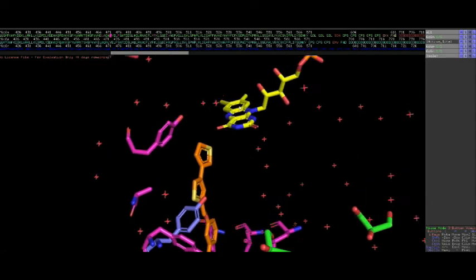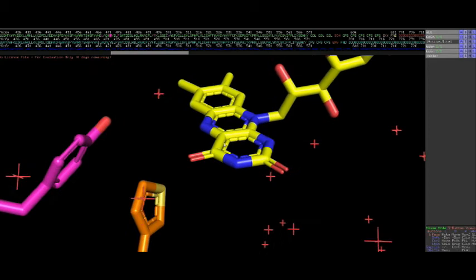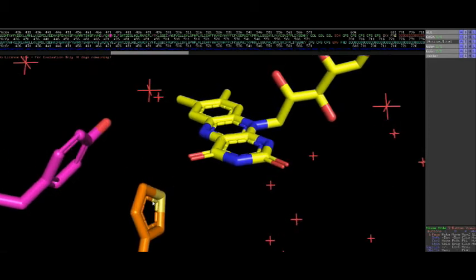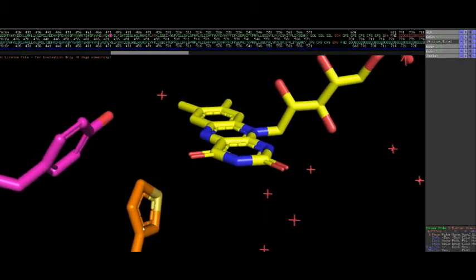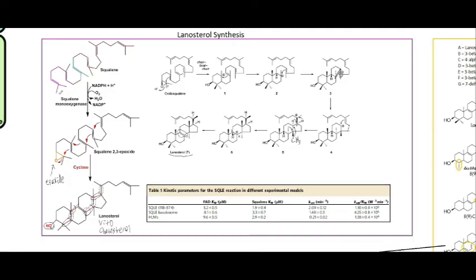And we can see our FAD here would come close down into the active site where this would be adding that epoxide group onto this right here. So it's adding an epoxide right here, and that's where the reduction is taking place.